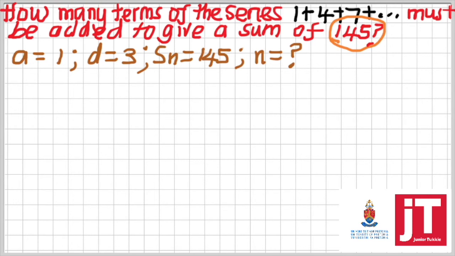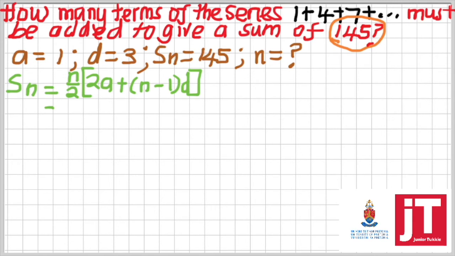Pretty much simple. We're going to use our Sn formula. So we're going to have Sn is equal to n over 2 into (2a plus (n minus 1)d). Thereafter, it's a case of substituting what we know. So our Sn is 145, n over 2, 2 times 1, (n minus 1), our d is 3.